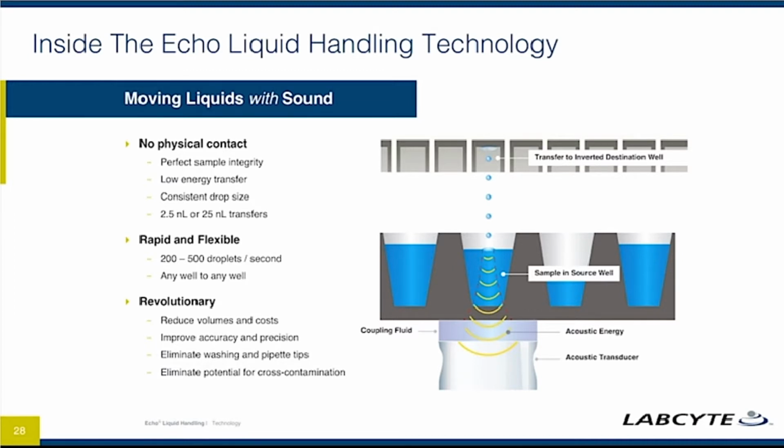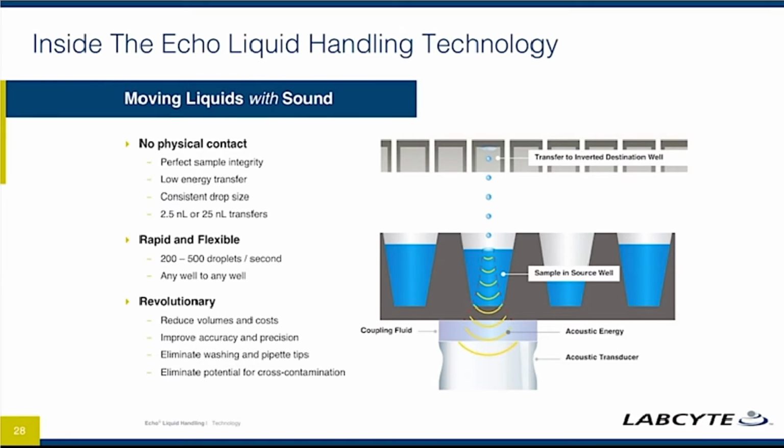For volumes that are greater than either the 2.5 or the 25 nanoliter, we're essentially just ejecting multiple droplets in succession. And those droplets can be ejected into either a dry well or a well that already contains some fluid in it.